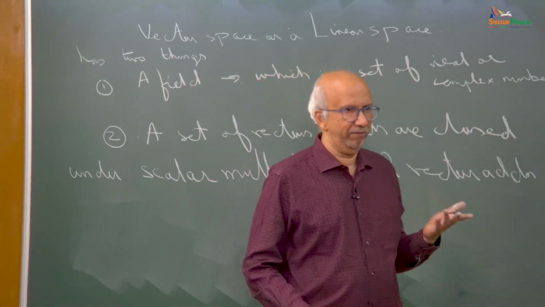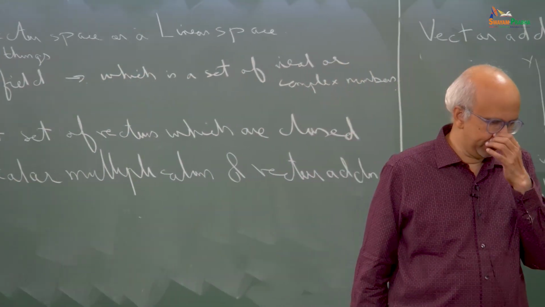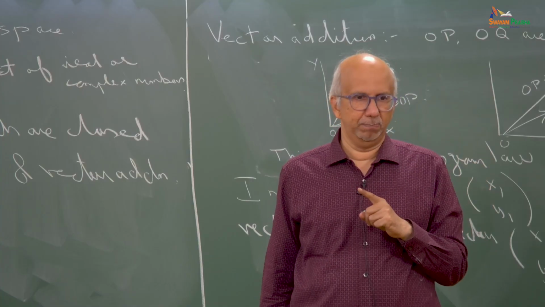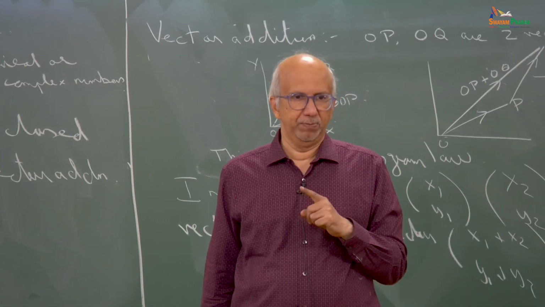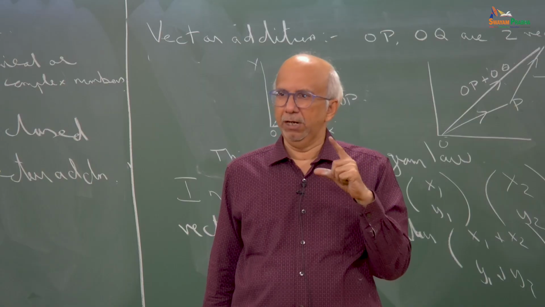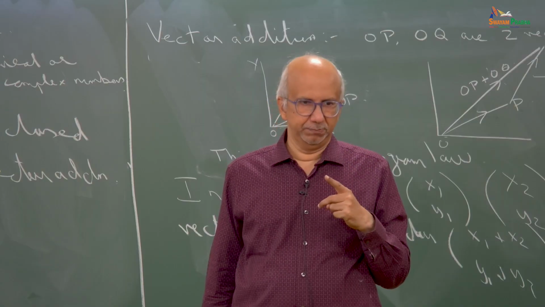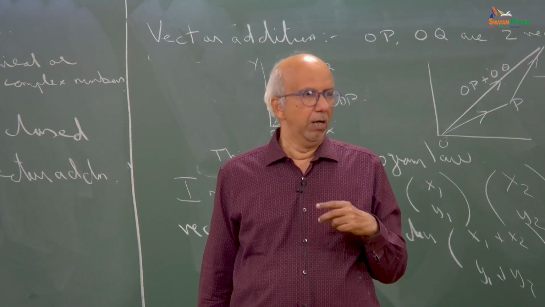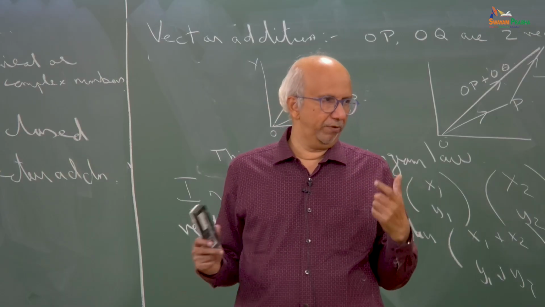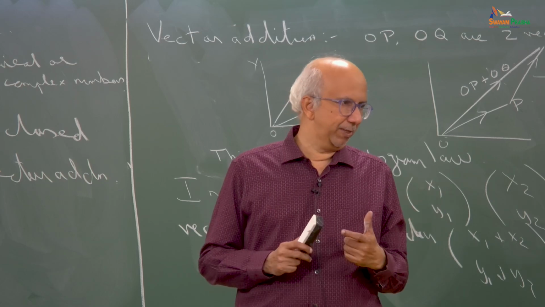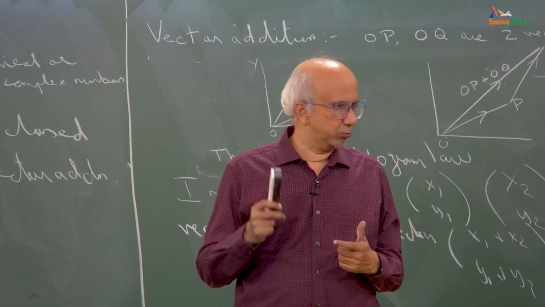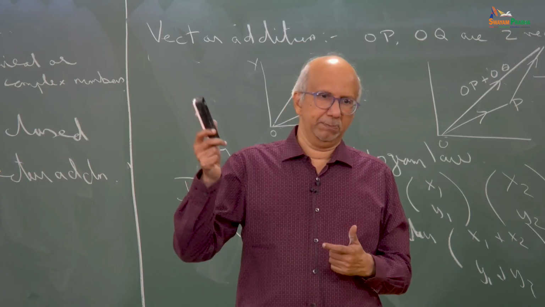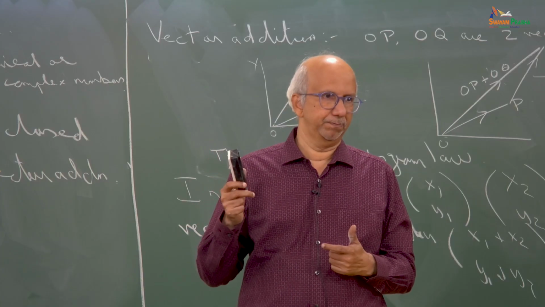Just to give you an idea about what I mean by space, look at those vectors which we drew in this two-dimensional plane. Each vector had two elements, x coordinate, y coordinate, x1, y1. When I take two vectors and add them, I get a third vector which also has only two elements, so it belongs to the same space, the plane.